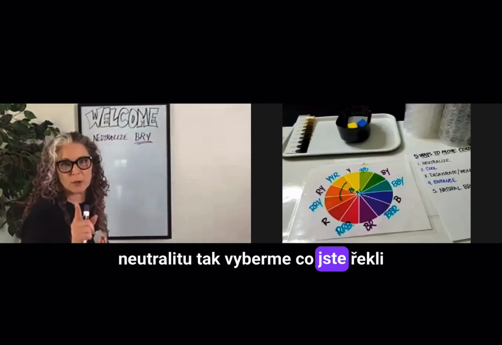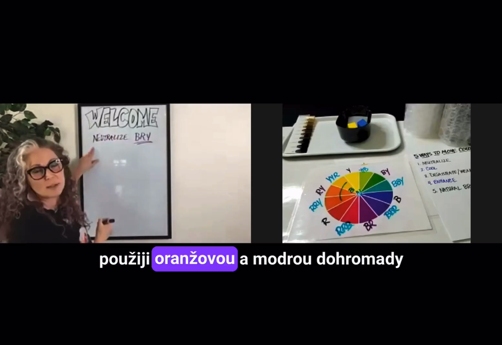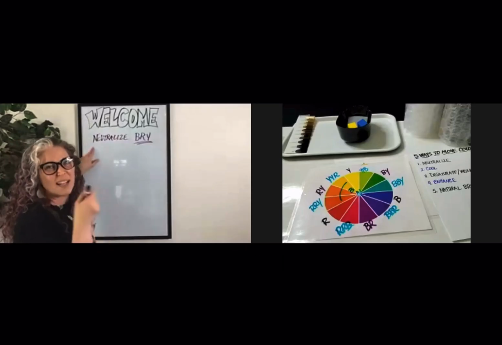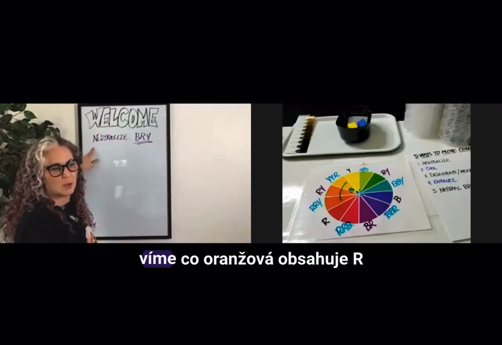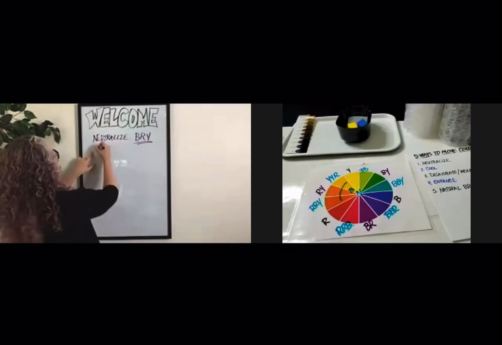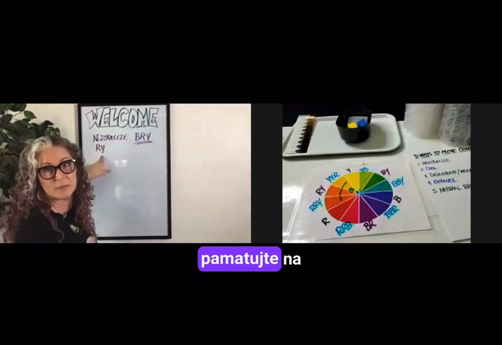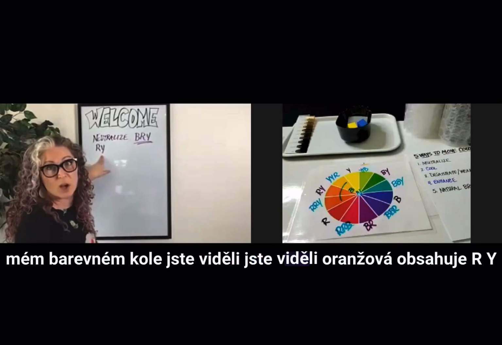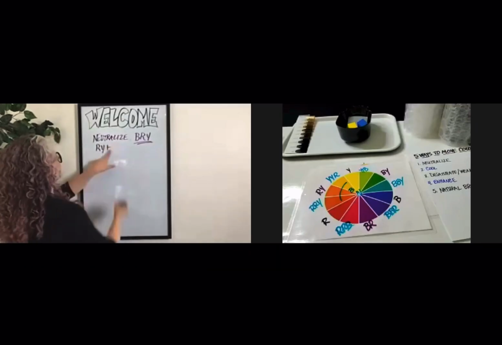So let's pick what you guys said, orange and blue. Okay, so if I use orange and blue together, why do complements work? Well, orange we know is, what is orange made of? R and what? Y. Remember on my color wheel, you saw orange is RY, right? And then we're going to add what color to it?